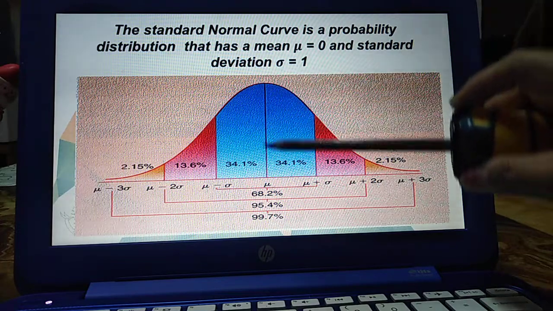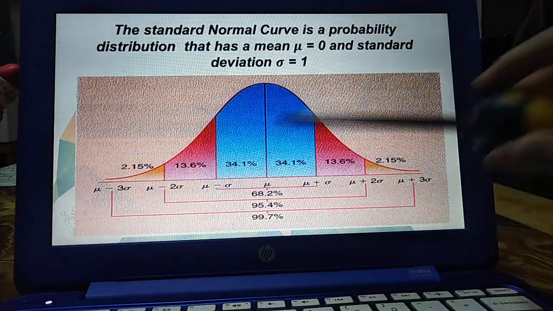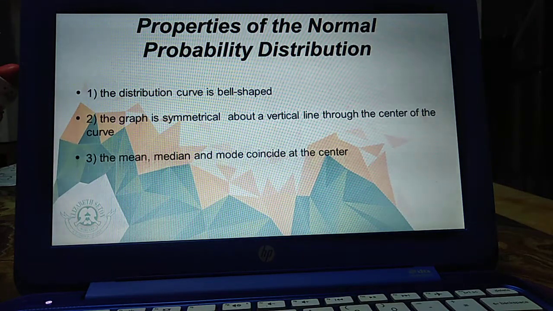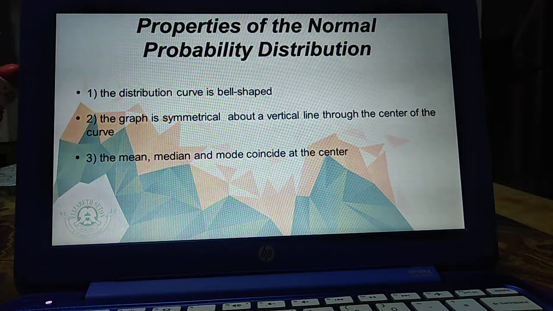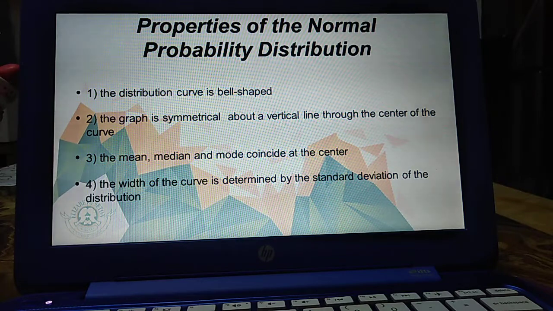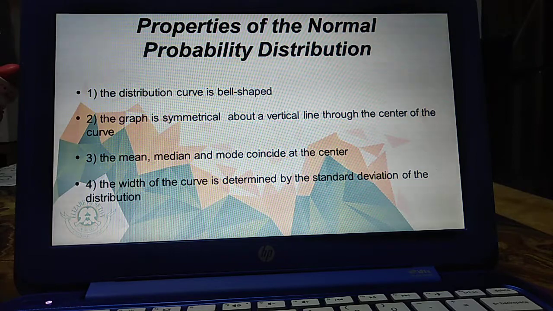This line, the mean, divides the curve into 2 equal parts. The mean, median, and mode coincide at the center. And the width of the curve is determined by the standard deviation of the distribution. So the larger the standard deviation is, the wider the curve will be.